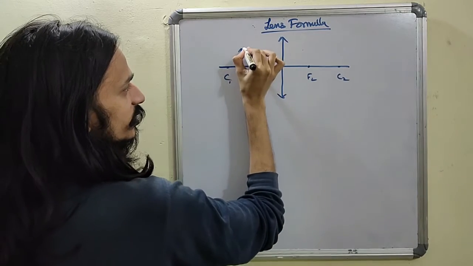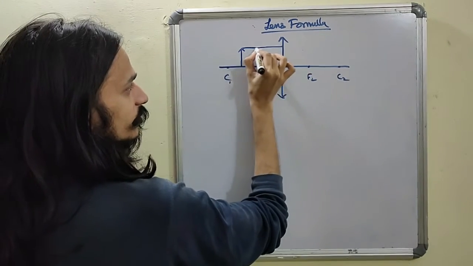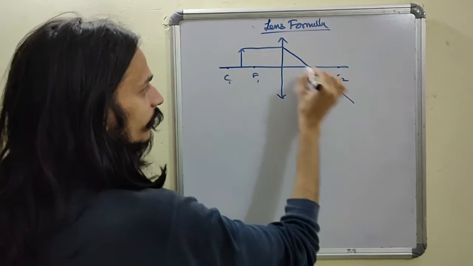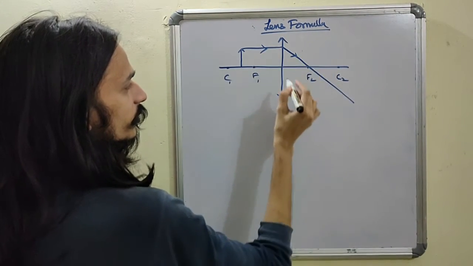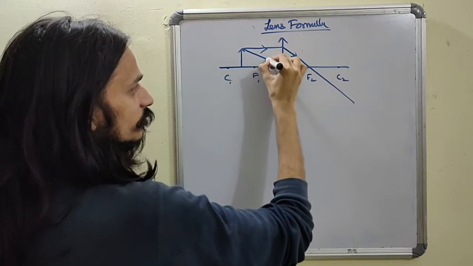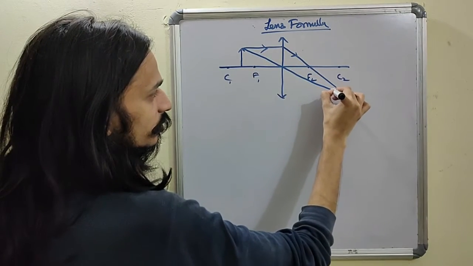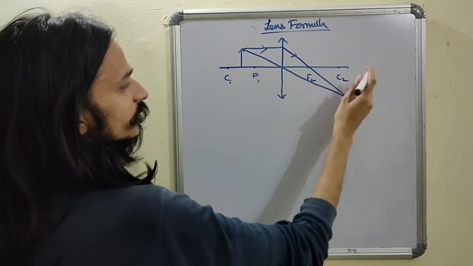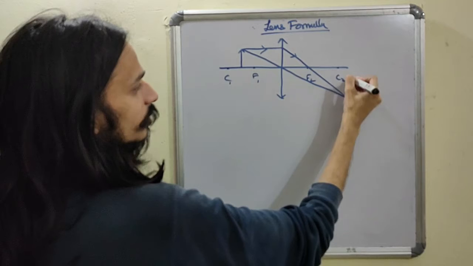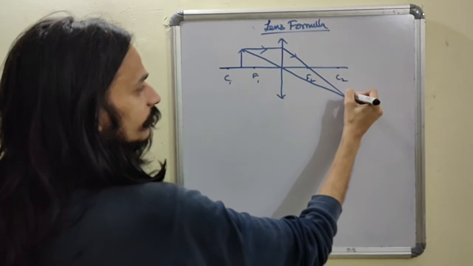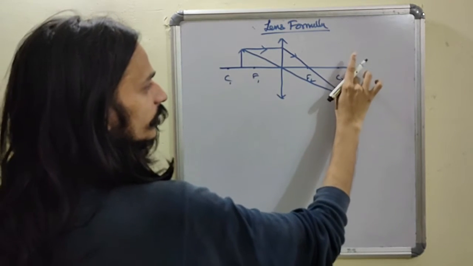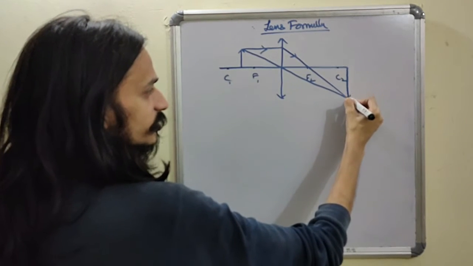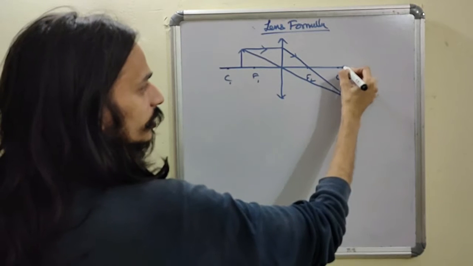Between C and F, what happens to the light? The first ray goes to the focus. This one we are aware of. The next one goes through the optic center. You see, right? So basically, the image will be formed beyond C. Forgive my crooked lines, but please use a scale to draw.